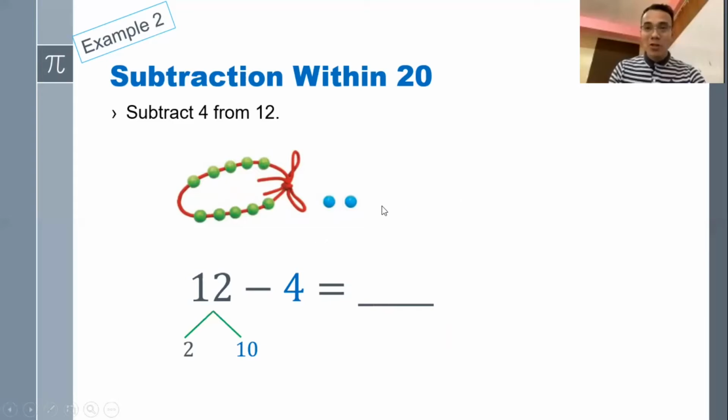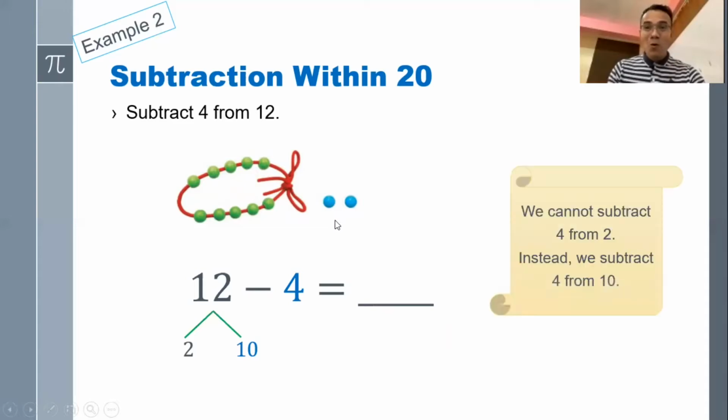And look at the picture. Can we take away 4 from here? The answer is no. We cannot subtract 4 from 2. So what do we do? Instead, we subtract 4 from 10.